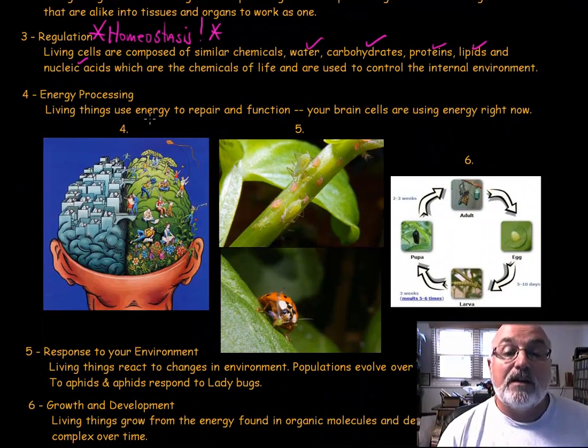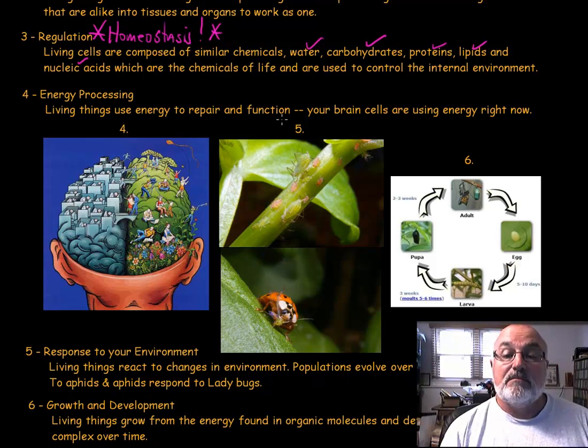Number four is energy processing. Living things use energy to repair, replace, and function. Your brain cells hopefully are using energy right now. Here's a cartoon of a brain. I'm dividing it up into two sides with bridges going one way, and you can see the blue guy is moving over here, turning green.